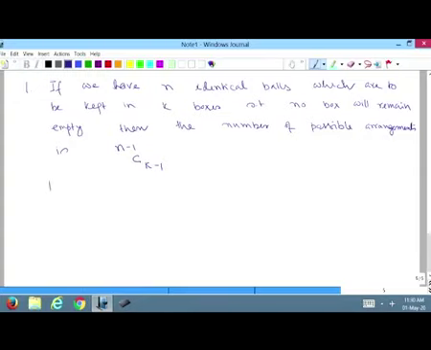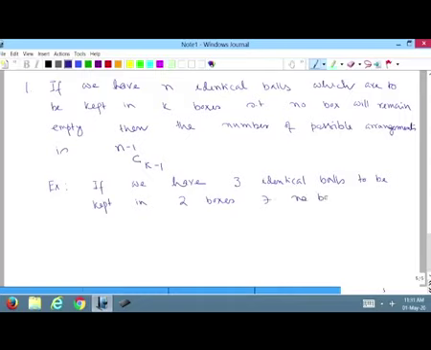For example, if we have 3 identical balls to be kept in 2 boxes such that no box is empty, then there are 2 possible ways of doing it.